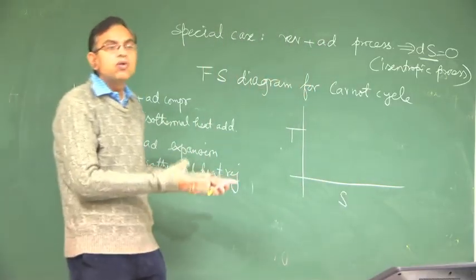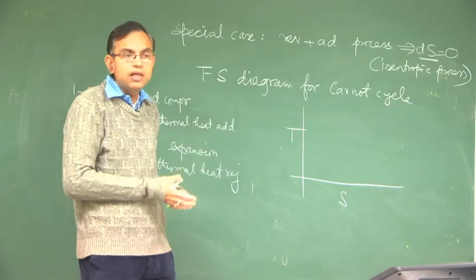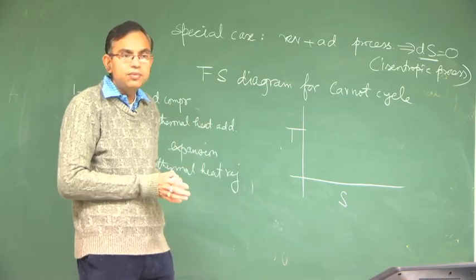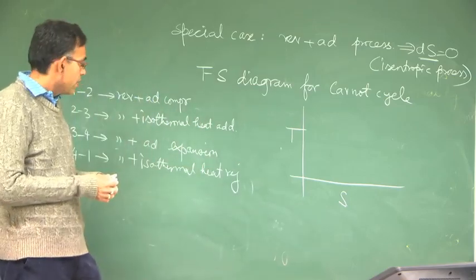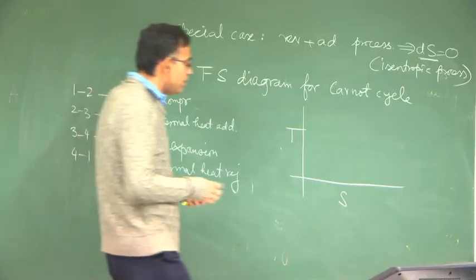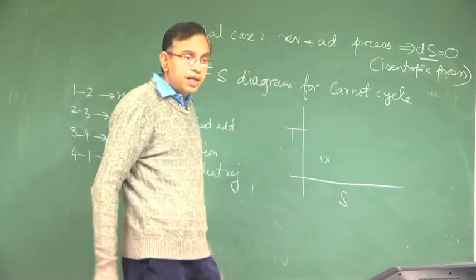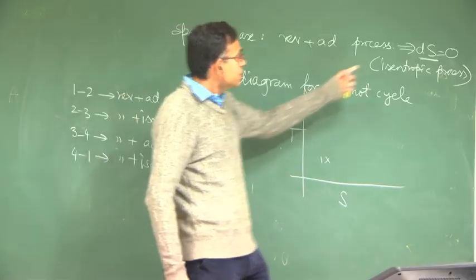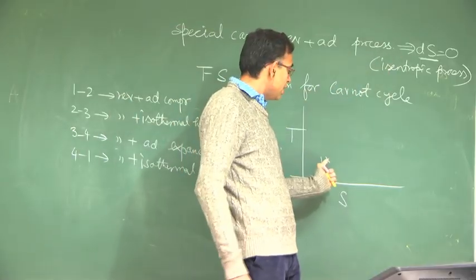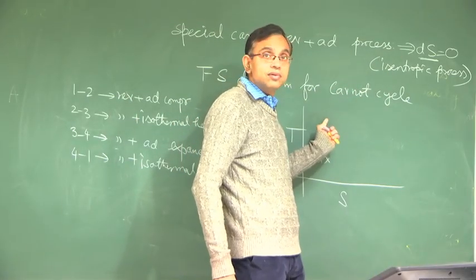Numerous times from now onwards in this course we will be drawing TS diagrams. This is the first TS diagram that we are drawing. So reversible adiabatic compression starts with state point 1. Reversible adiabatic means entropy remains constant, so it will be a vertical line up or down.